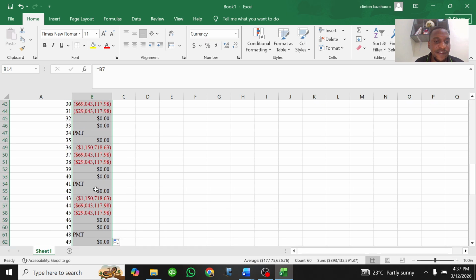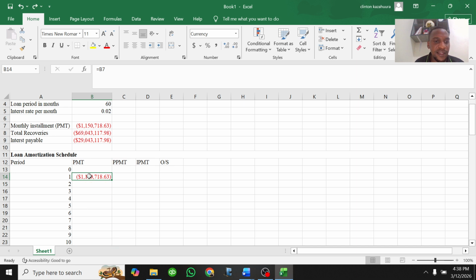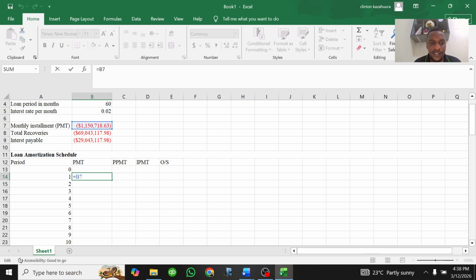But then you realize that our formula is inconsistent. So how to fix that? It's very simple. You edit this formula by locking it. The concept is called absolute referencing. So I'm going to apply absolute referencing by locking the cell, so that the next time I apply it to the next cells, it is going to be consistent all through.